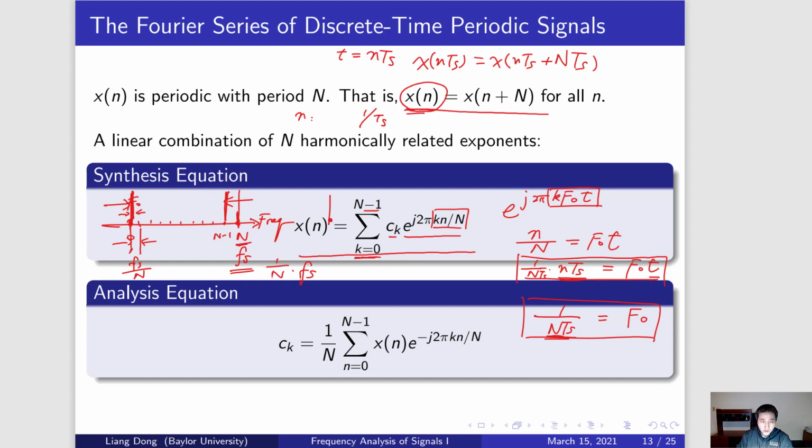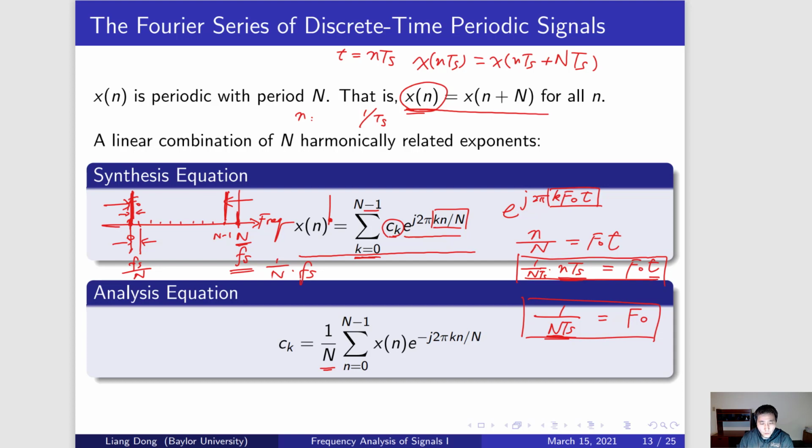The analysis equation is to calculate the weight c sub k. That is similar to the analysis equation we had before for the continuous time case. So c sub k equals 1 over N, where N is the period, times a summation, n from 0 to N minus 1.